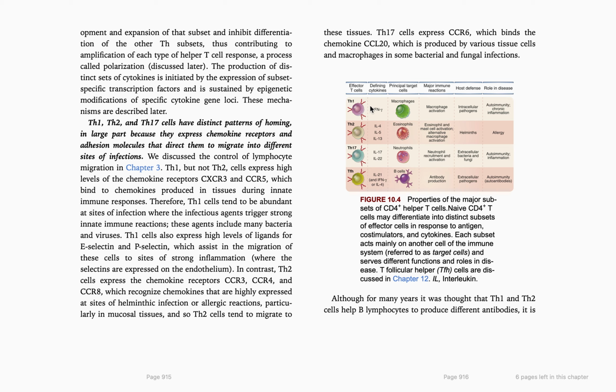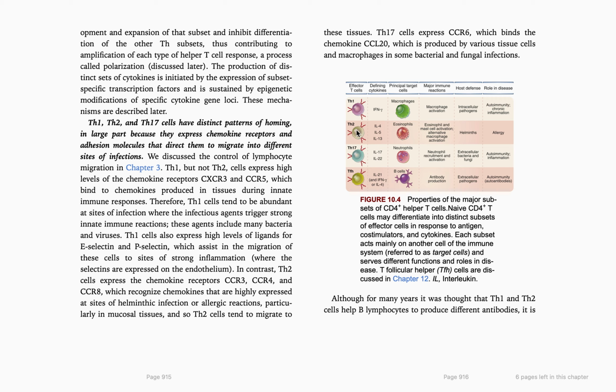Defining cytokine, what does it produce? It produces mostly interferon gamma, and the principal target cells here are macrophages, and the major immune reaction is macrophage activation. In host defense, it works with intracellular pathogens, and its role in disease is that it is also involved in autoimmune chronic inflammation.